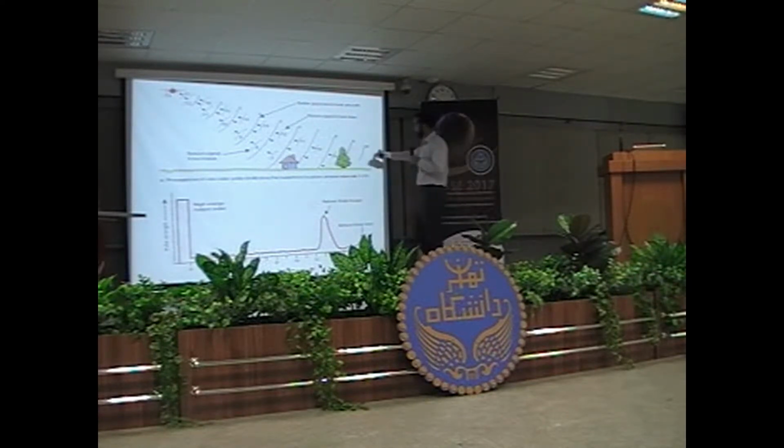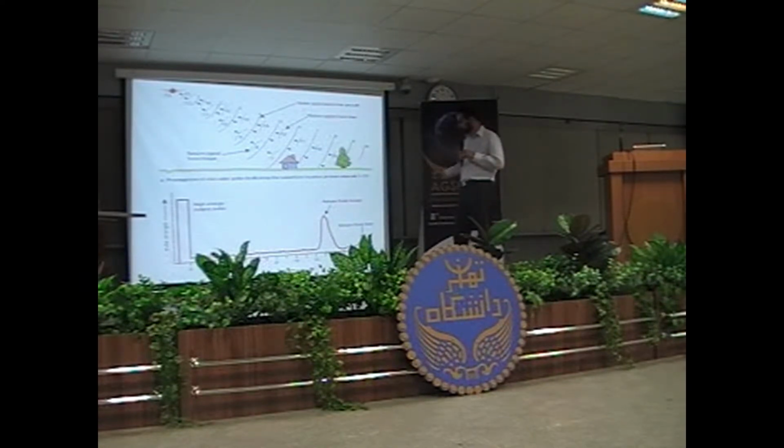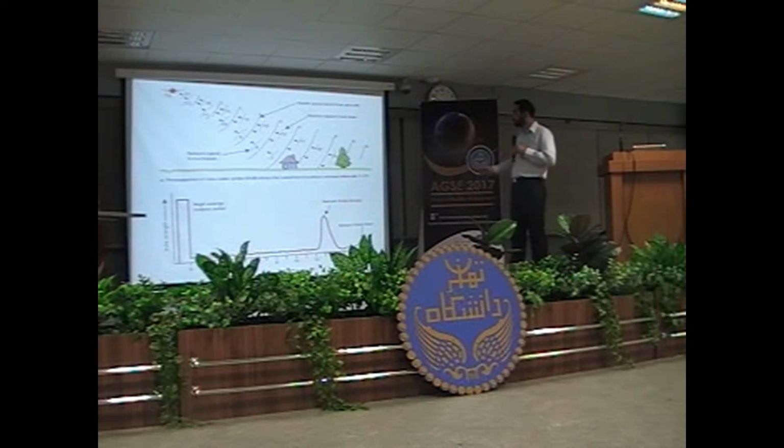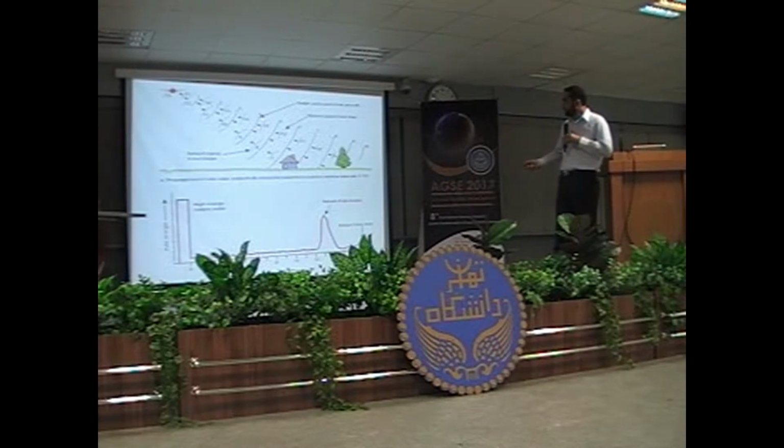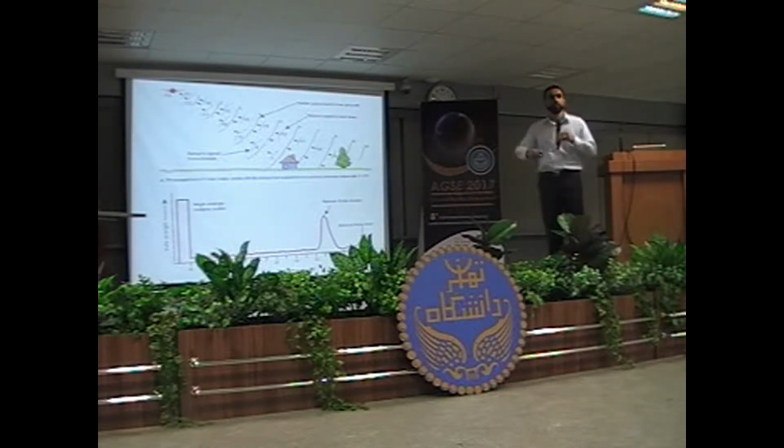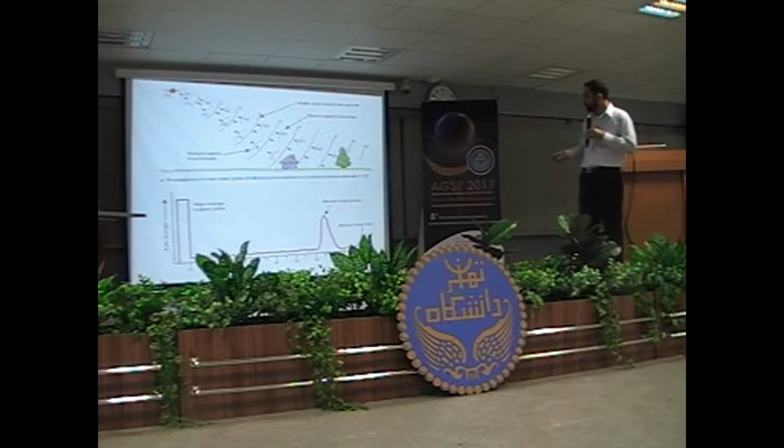Let's say this is a tree, this is a house, and the signals are transmitted toward the ground. These are the pulses which are transmitted to the ground. Based on the type of the objects, we will have different amounts of backscatter. For example, in the case of the house, the amount of backscatter was larger compared to the tree. I will tell you why this is happening.